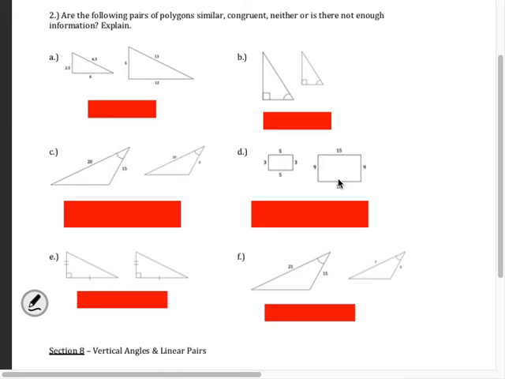So we have some examples here. I'm going to give you about 2 minutes to try as many of these as you can. I want you to look at the picture and decide, do you have enough information to say that they're similar? You also might see that they are congruent. So we're mixing similarity and congruence together. Take a couple minutes and see what you can determine here, and then we'll go through the answers.